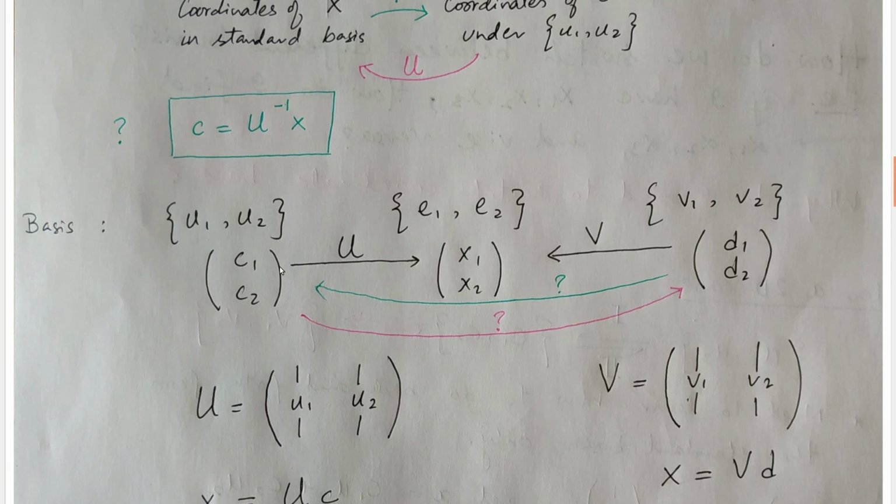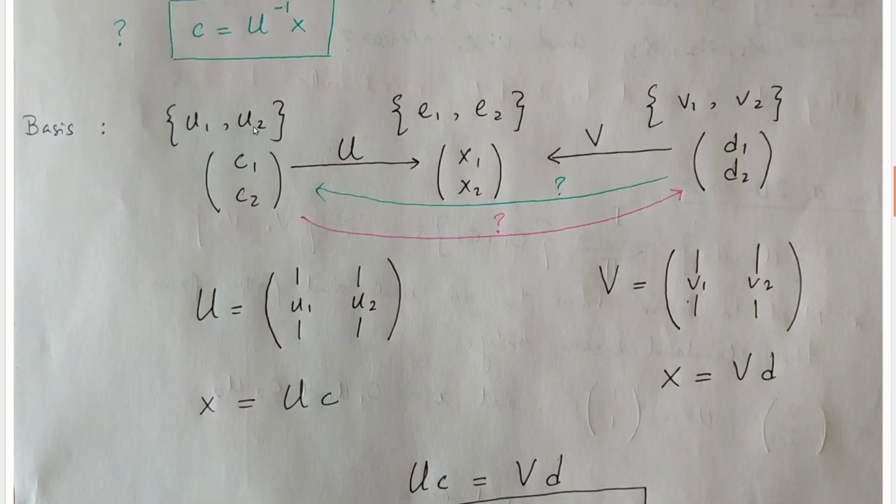Let's suppose you have a route from a non-standard basis U1, U2 to x1, x2, that is the standard basis. And you have the route from another non-standard basis V1, V2 to E1, E2, which uses the transition matrix V. So I can write down the equation x equals UC, where U is a matrix whose columns are these vectors.